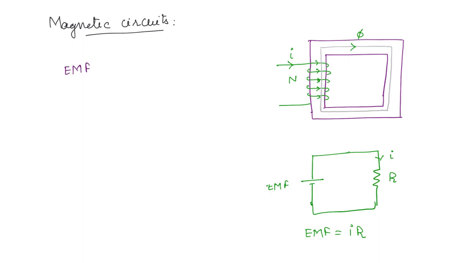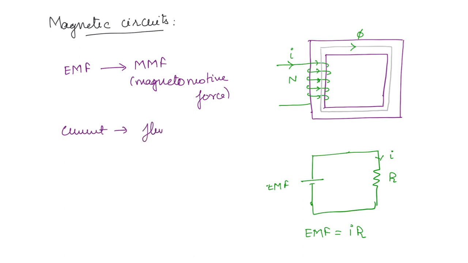EMF in electric circuits is equal to the MMF, the magnetomotive force, in magnetic circuits, and the current in the electric circuit is equal to the flux phi. And finally, resistance is analogous to the reluctance.